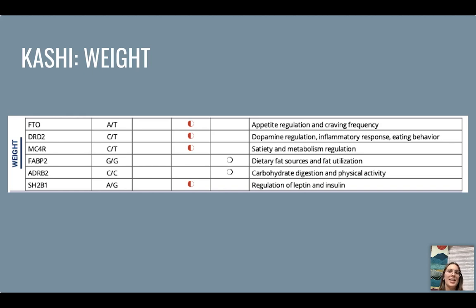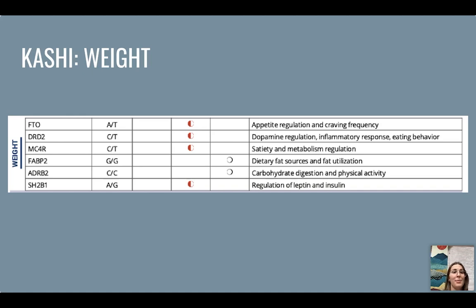And the ADRB2 gene is responsible for carbohydrate breakdown and weight loss response to physical activity. So some people might have a little bit more difficult time losing weight with physical activity. It doesn't mean that physical activity is useless. And finally, the SH2B1 gene is associated with leptin, that's our hormone that signals to our brain that we're full after we eat, and insulin regulation.